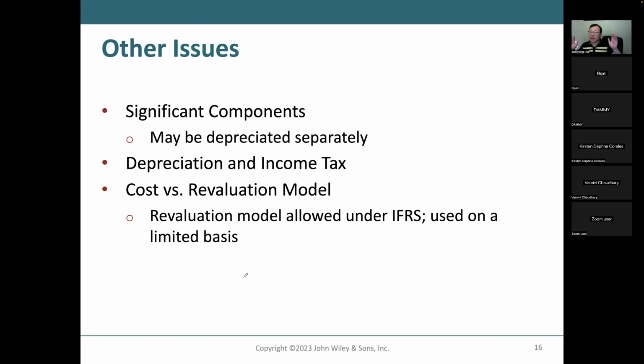Therefore, it's unfair to do one calculation for the whole aircraft; it may not be accurate. Instead, if there are significant components, you should take them out and do the depreciation separately.